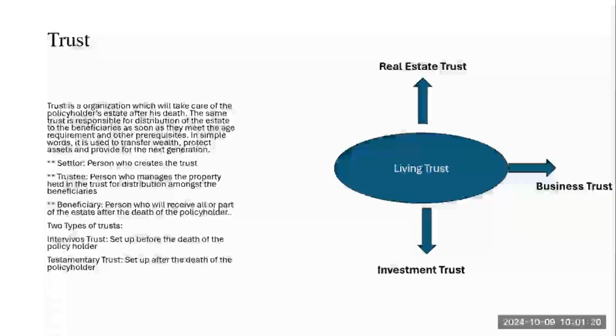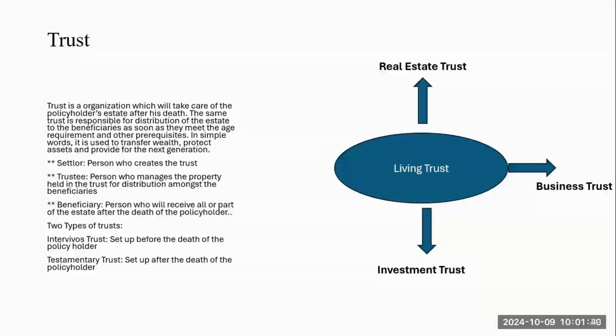When I say take care, they will keep the estate, manage the estate. They will transfer properties within the estate, let's say from real estate to cash for distribution amongst your beneficiaries.